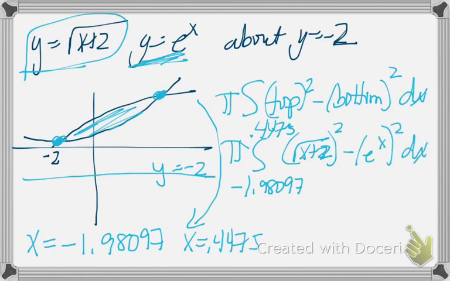But we're not done. This is not complete because we are rotating around y equals -2. So to get back to 0, we're going to have to add 2 to each parentheses. And our final answer should look like this.